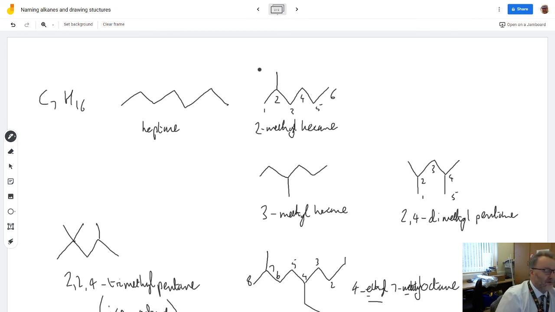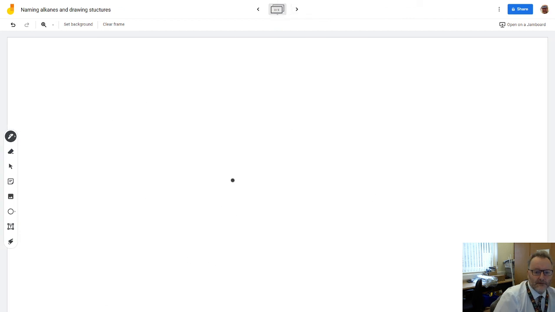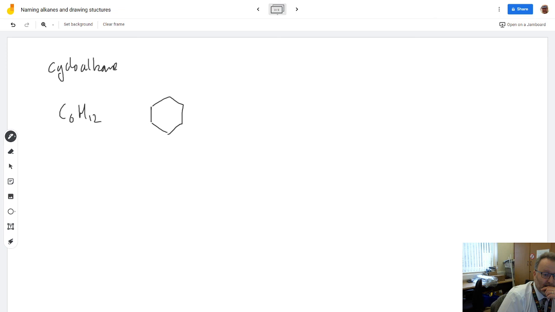The other thing I would just flag up is cycloalkanes. So you can have rings, you don't just have to have a straight chain. So here we had C6H12, which could be an alkene, but we're talking about cycloalkanes here, so you join two ends of a chain up. And cyclohexane would be normally drawn as a hexagon like that.